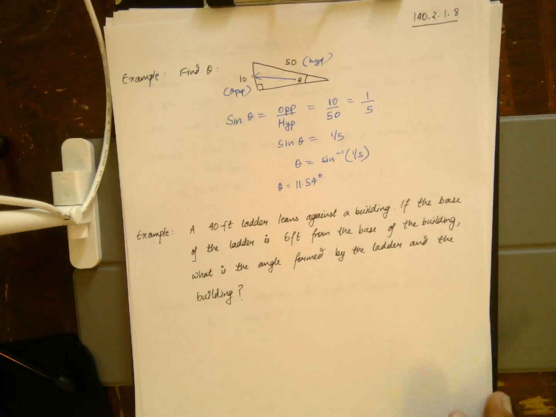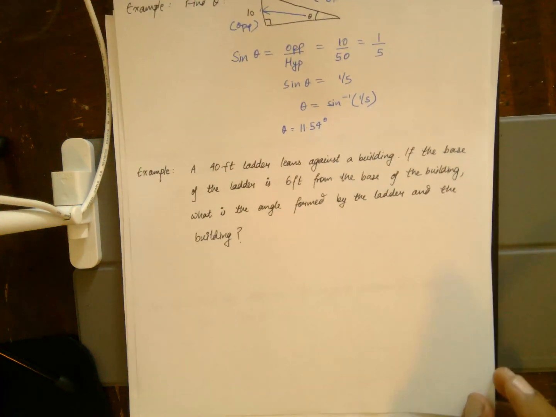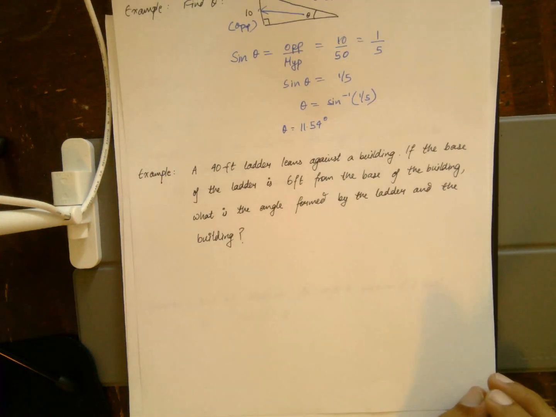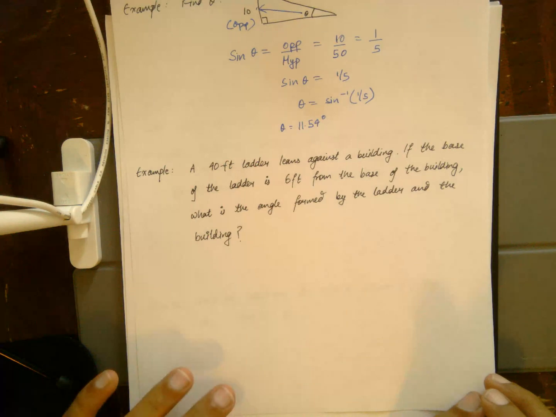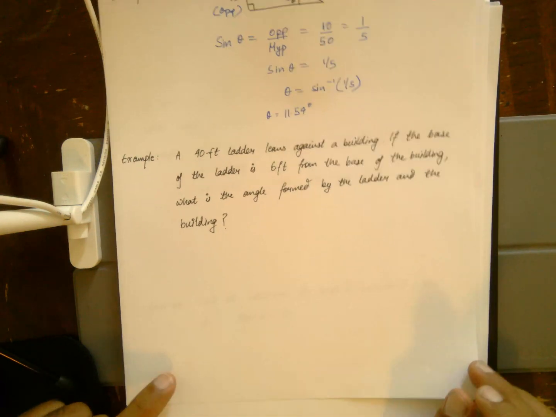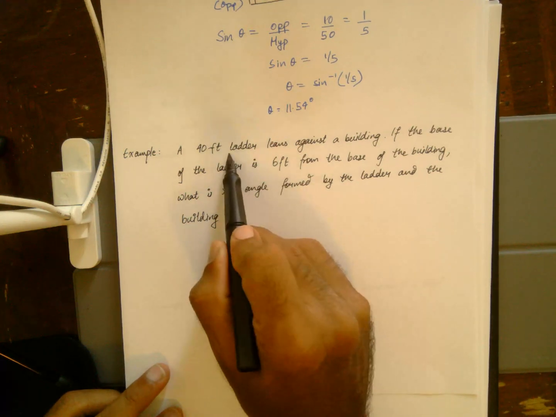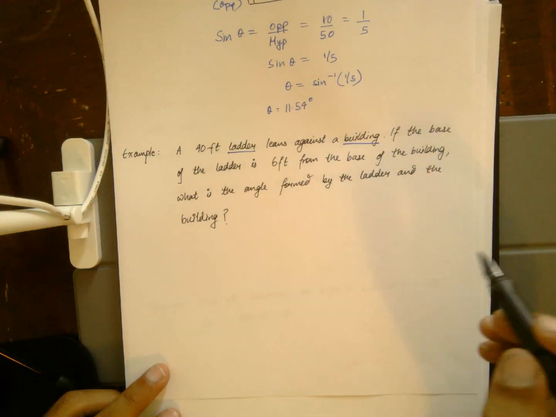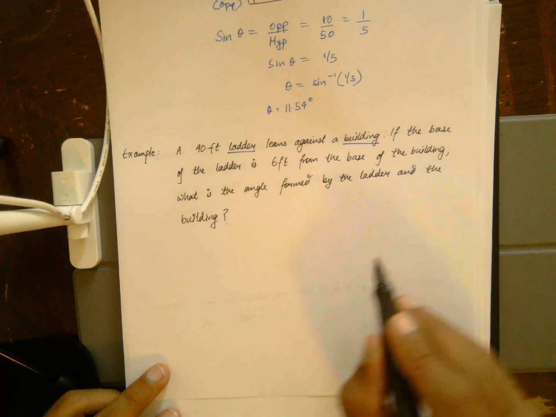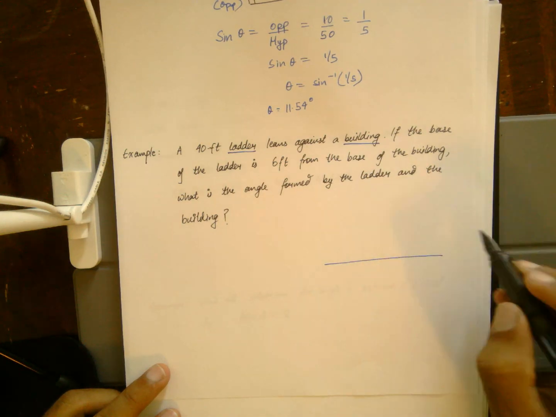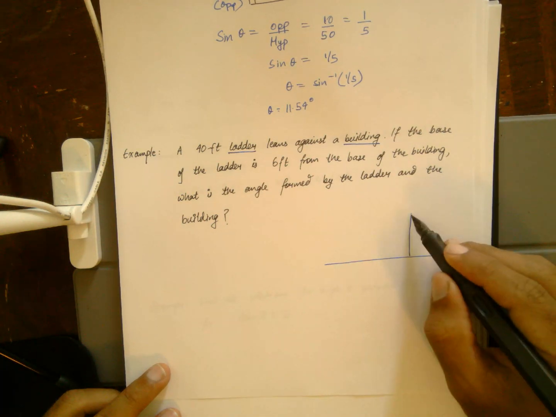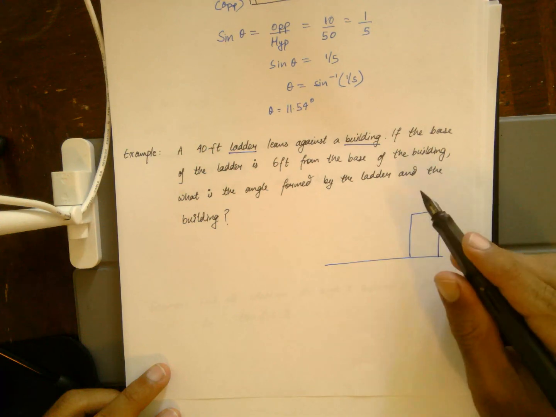Now let's look at a word problem. A 40 feet ladder leans against a building. Because it's a word problem, let's first identify the objects. There is a ladder, there is a building. Let's draw a figure.